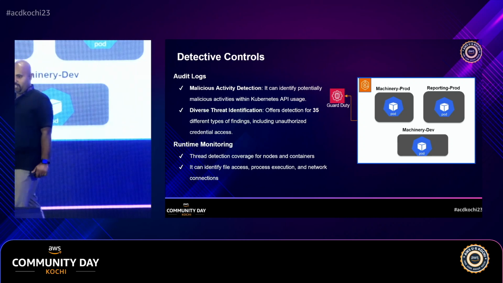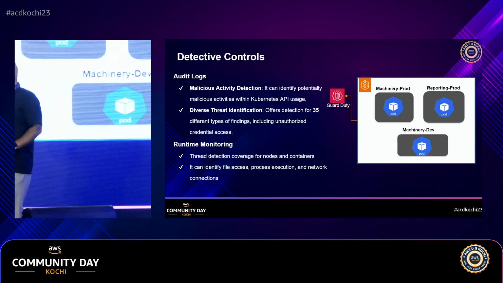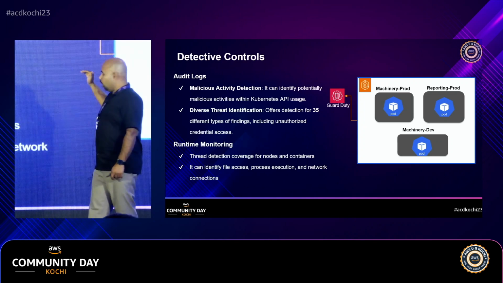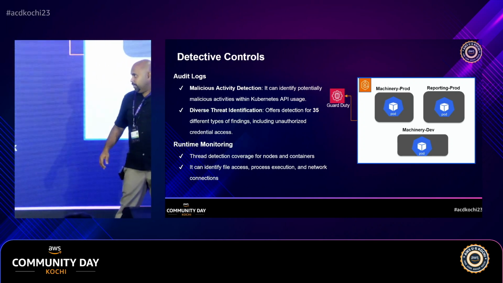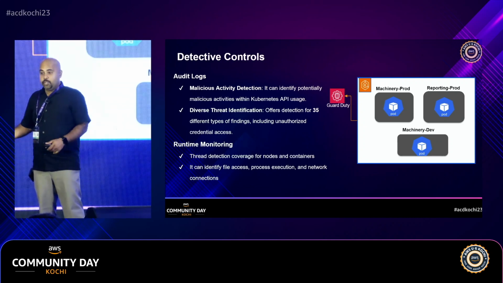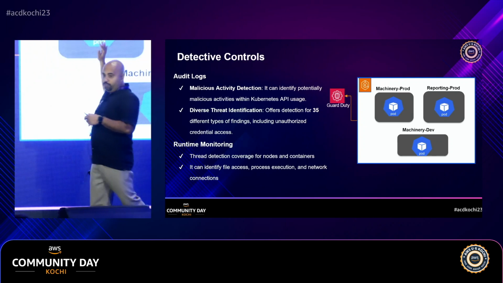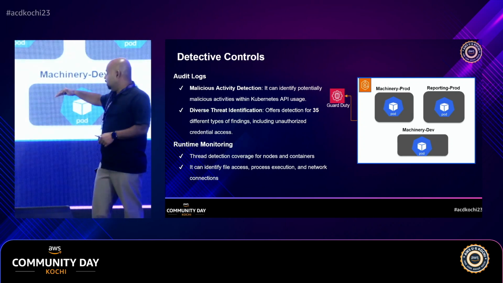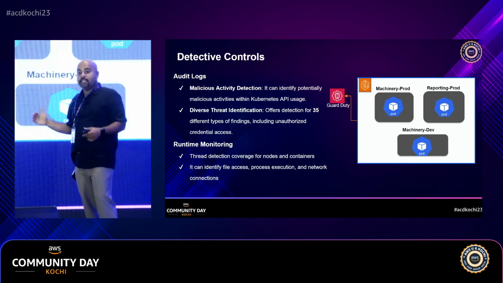Similarly, runtime monitoring is another key feature which AWS created for EKS GuardDuty, in 2023. The protection has moved from the cluster level to the pods and the nodes level.